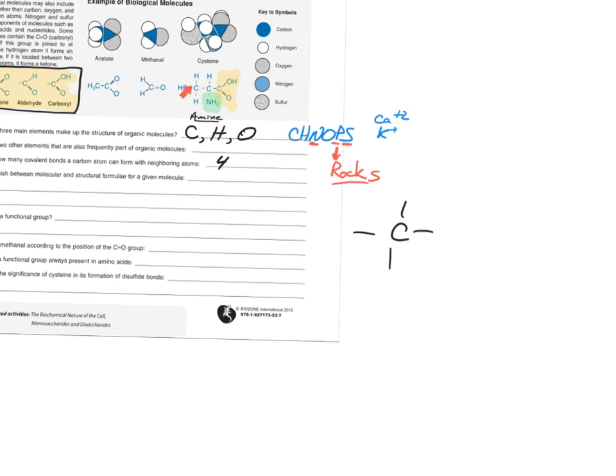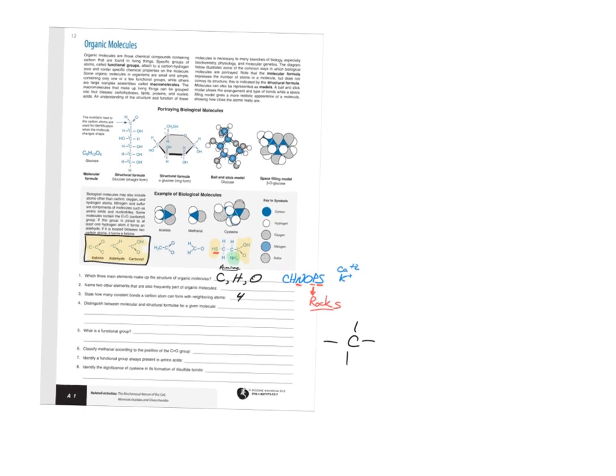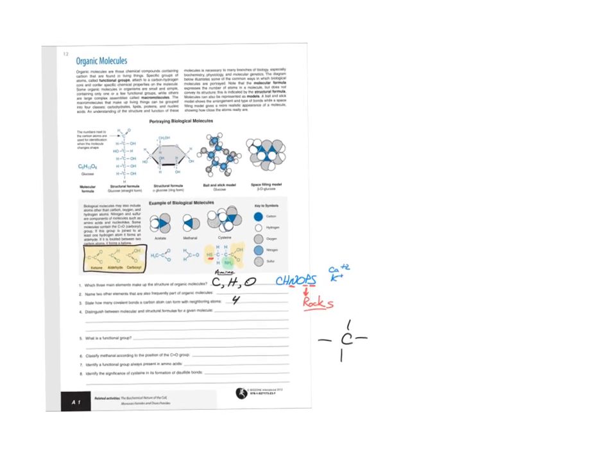Cysteine is important because what does cysteine have? It has sulfur. Why is cysteine important in forming disulfide bonds? Because cysteine has sulfur in it. Are we good with all this? All right, so let's move on. You'll understand some of this a little. What is a functional group?